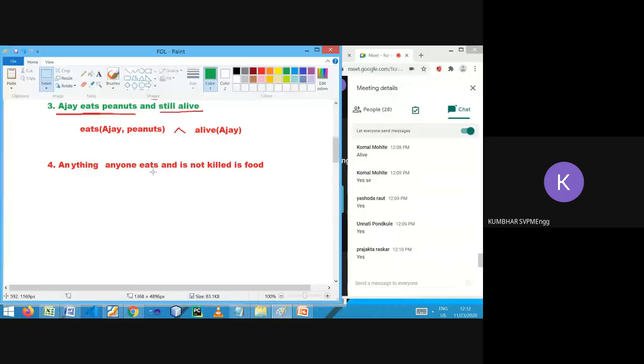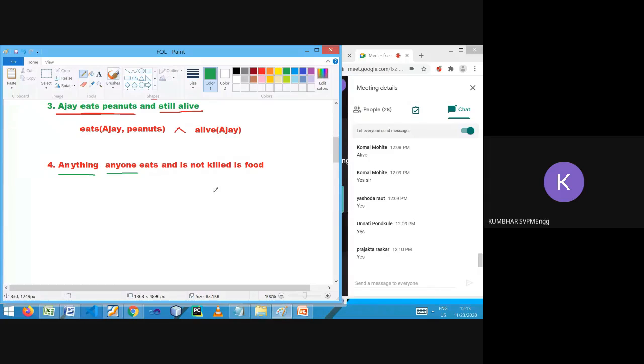Can you tell me what anything is representing, and what anyone is representing? Can anyone tell me? Please try to think. Anything and anyone. Anything represents what and anyone represents what?